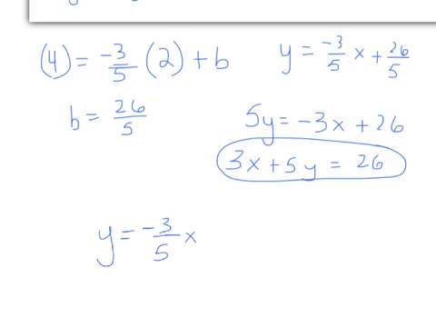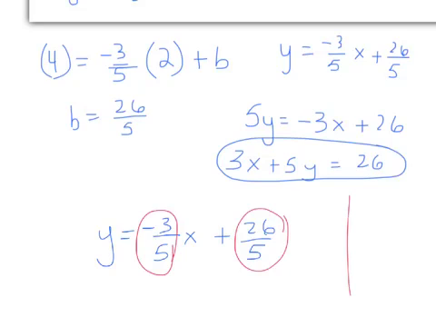Like for example here, if I left it this way, I could see that we have our slope, we have our starting value, or the y-intercept. So on a graph, I know already this is around 5, like 5.2. So I go up 1, 2, 3, 4, 5. So I'm starting here, and I've got a slope of negative 3/5. So down 3 over 5, so slope of negative 3/5 through my y-intercept there at 5.2.